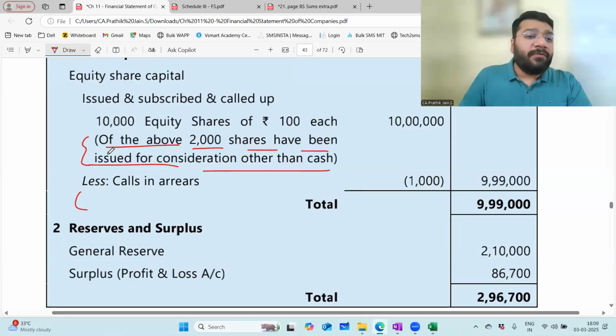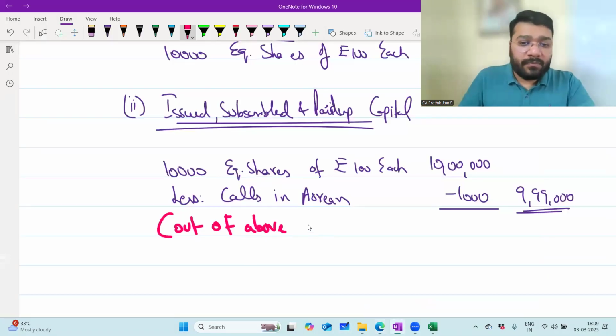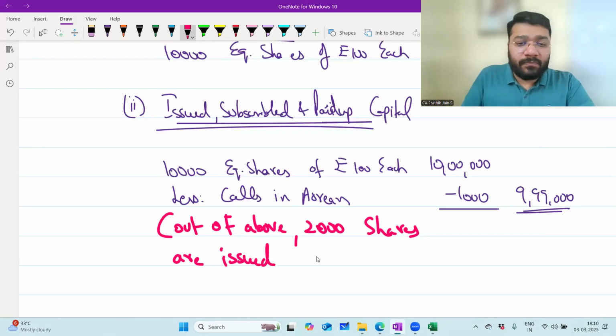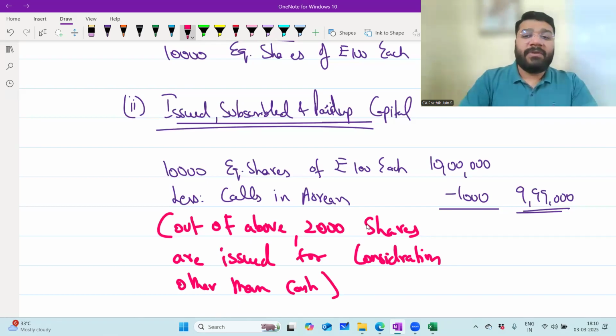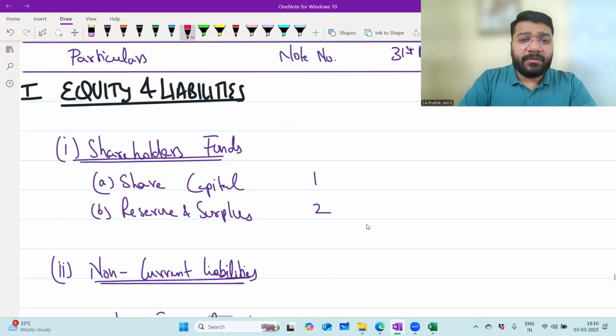Both are allowed. Without forgetting, write this 9,99,000 on the face of the balance sheet.